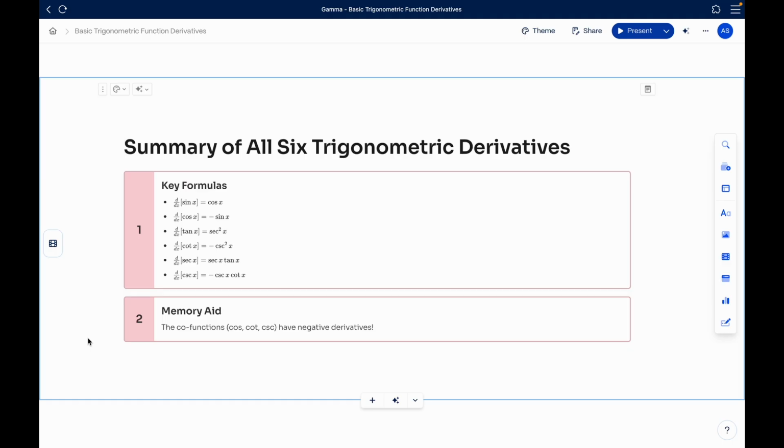Those are the 6 formulas you can memorize, but I also think it's better to memorize them and understand the underlying proof, because that insight might prove useful in the future with more complicated problems. The quick memory aid is that the cofunctions cosine, cotangent, and cosecant have negative derivatives, while sine, tangent, and secant of x have positive derivatives.